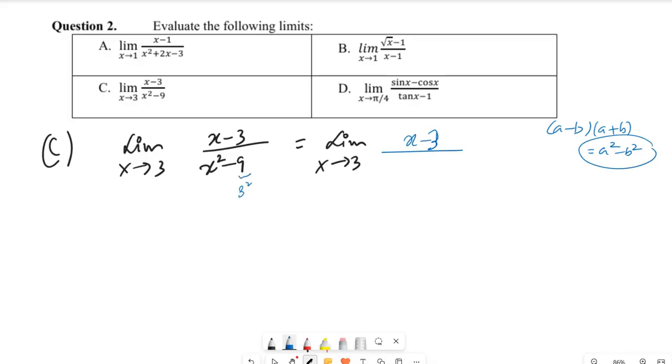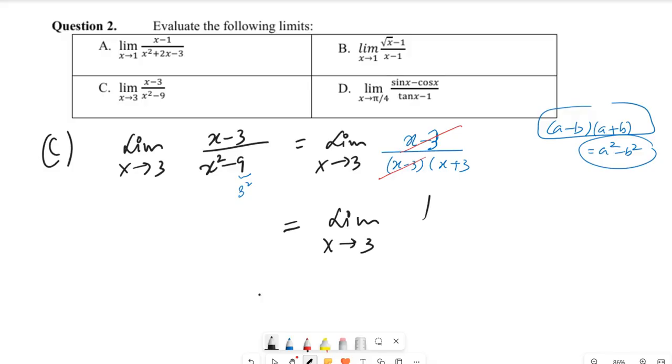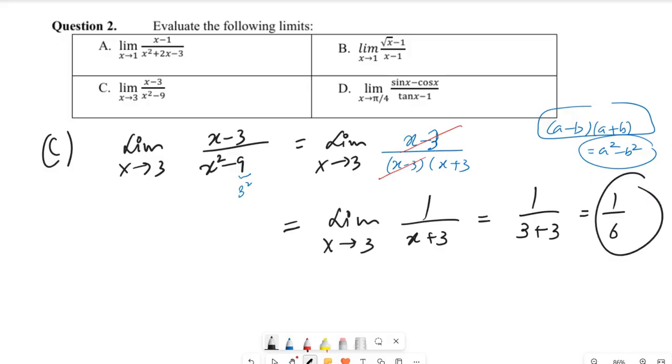So x square minus 3 square can be written as (x minus 3)(x plus 3) using our formula of factorization. We can divide by x minus 3 in numerator and denominator because x is approaching 3. Limit x approaches 3 of 1 by x plus 3. 1 by 3 plus 3 is 1 by 6.